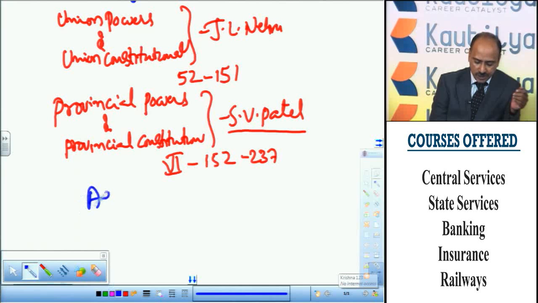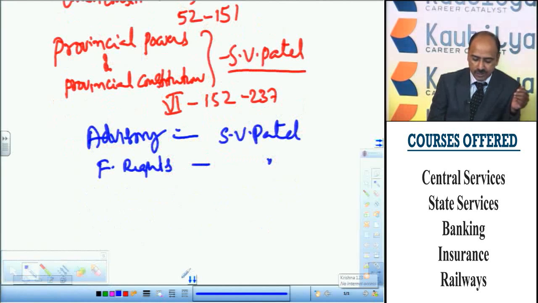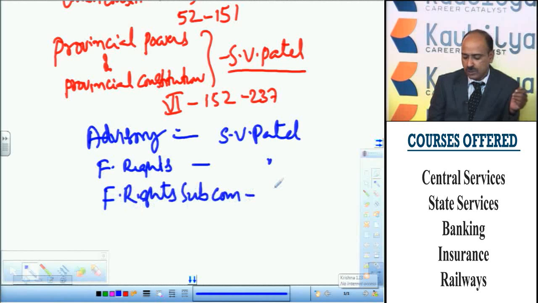Next, the Advisory Committee. The Advisory Committee chairman is also Sardar Vallabhbhai Patel. The Fundamental Rights Committee chairman was also Sardar Vallabhbhai Patel, but the Fundamental Rights Subcommittee chairman was J.B. Kripalani.